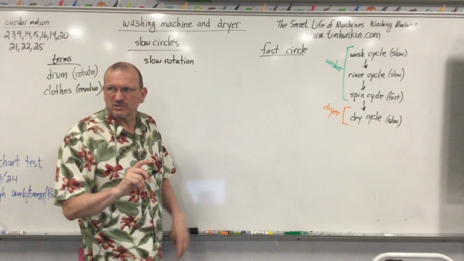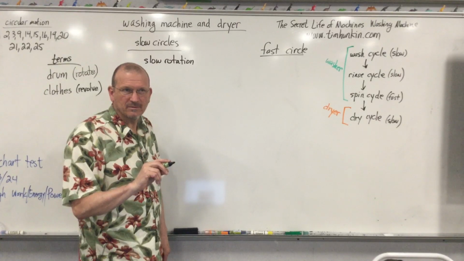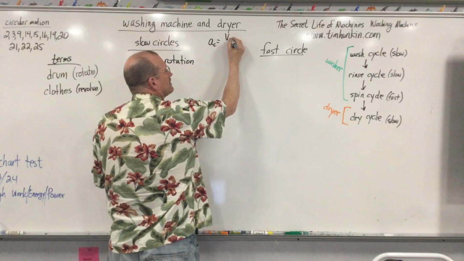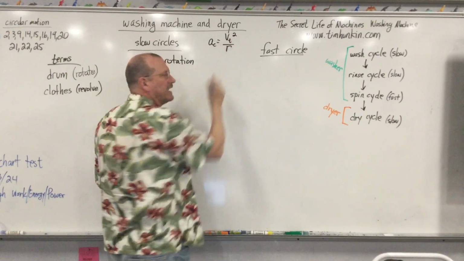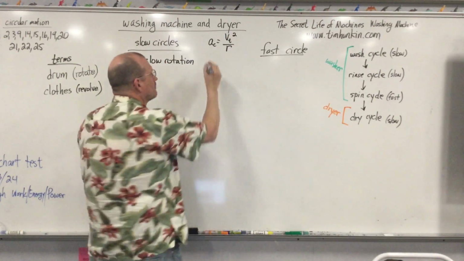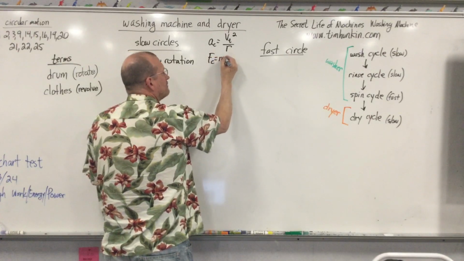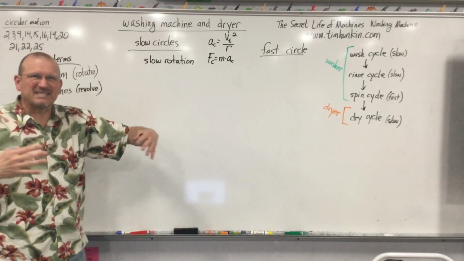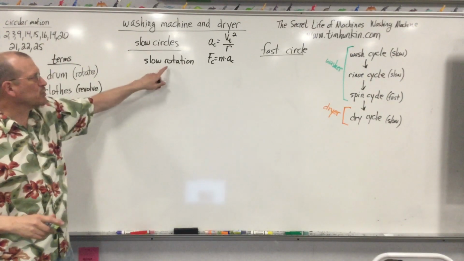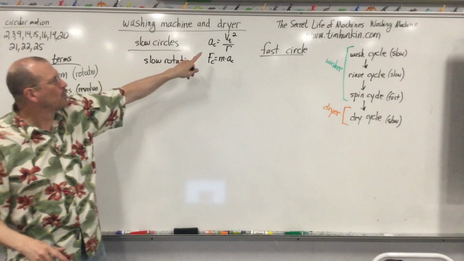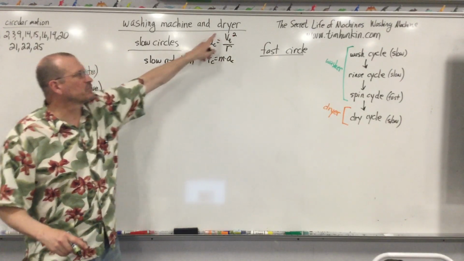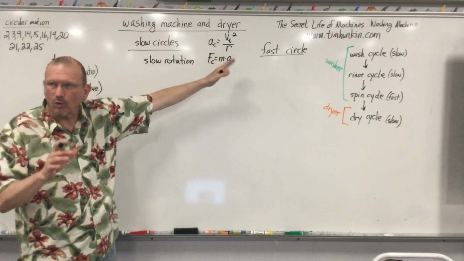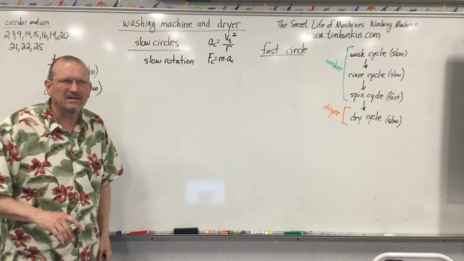What are our two equations for circular motion? A sub C equals V sub t squared over R, and what's the other one? F sub C equals M times A sub C. So, we're trying to put this together in a logical sequence.